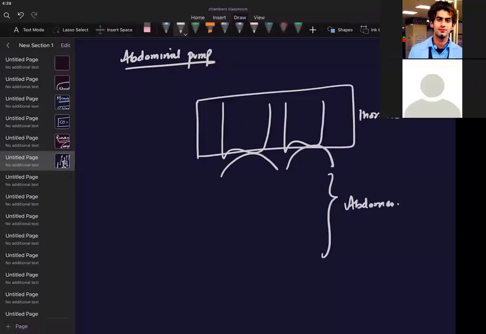If you are inspiring a lot of air inside, that means you should make the thorax compartment bigger so that more air can come inside. That means you should flatten the diaphragm. Should you make it a dome shaped diaphragm, or should you make it flat? You should flatten the diaphragm.